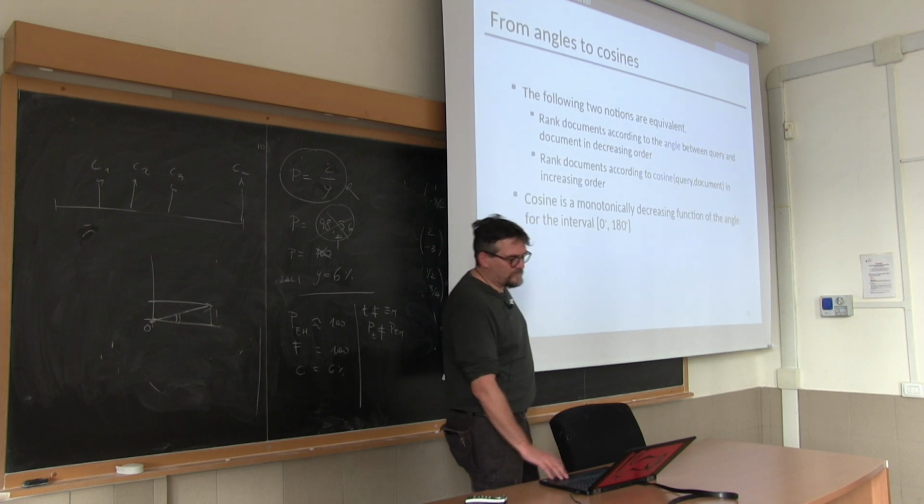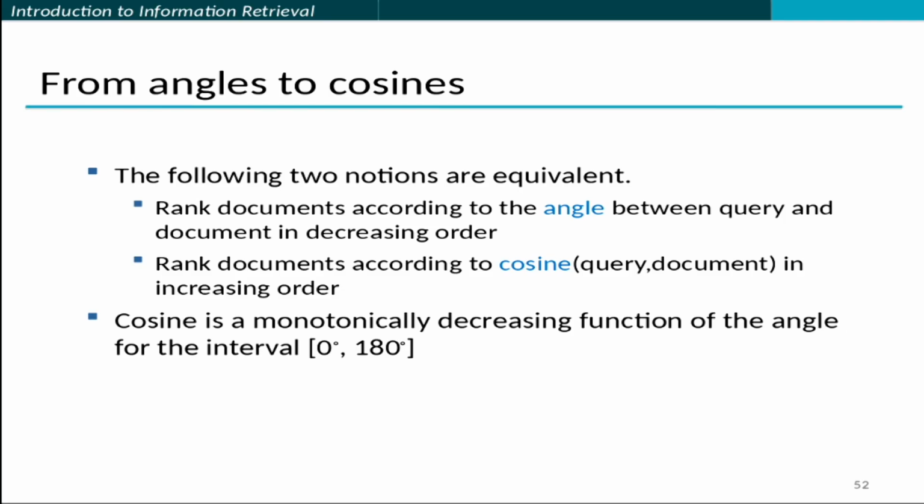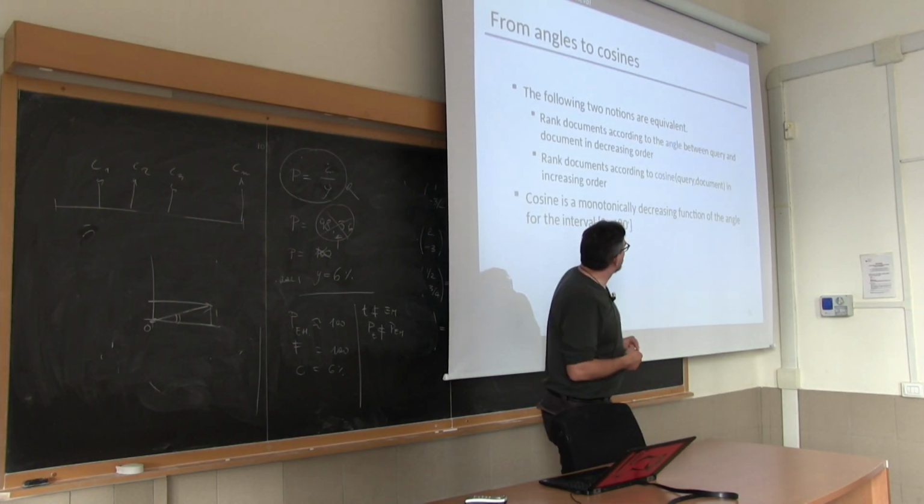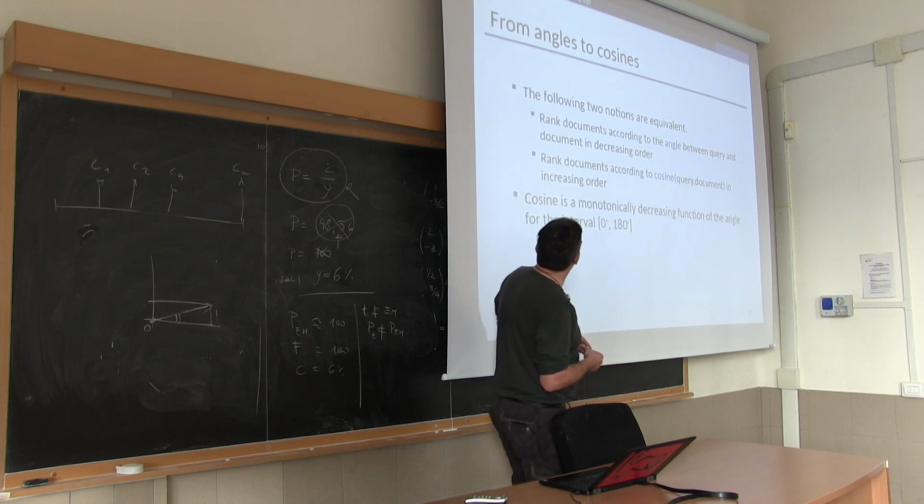Since measuring the angle or measuring the cosine between the query and the document are the same thing, those are basically equivalent. Furthermore, the cosine is a monotonically decreasing function of the angle.